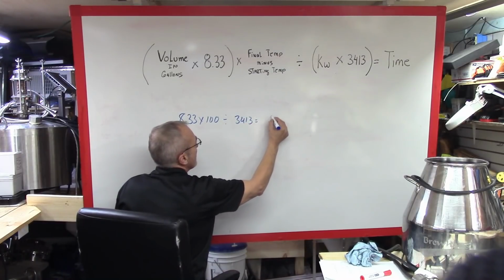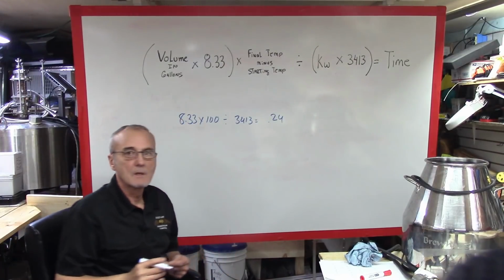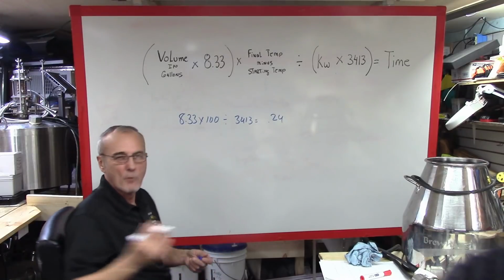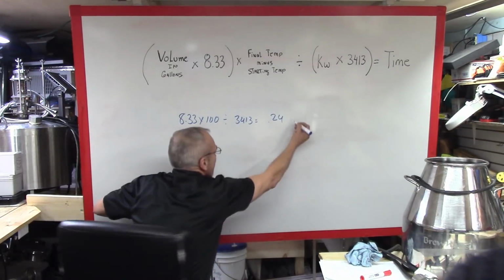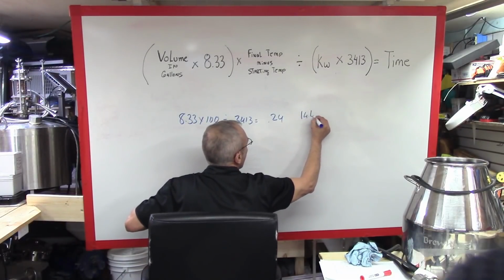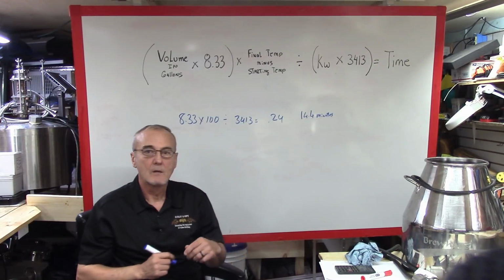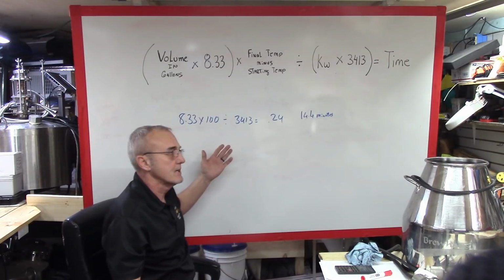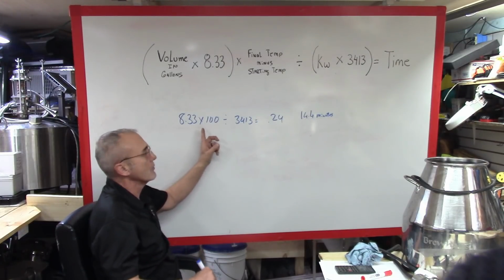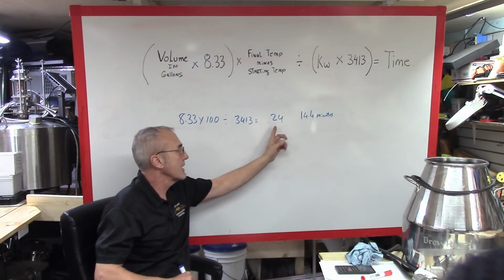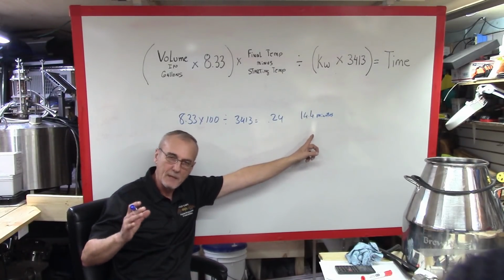And that gave us 0.24 hours, which was what? 14.4 minutes. Let's write that up here. 14.4 minutes. So if I use this example and I say 1 pound of water raised 100 degrees with 1 kilowatt is going to take 0.24 or 14.4 minutes.